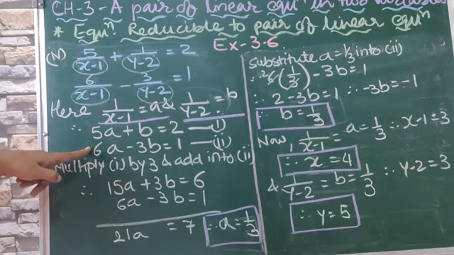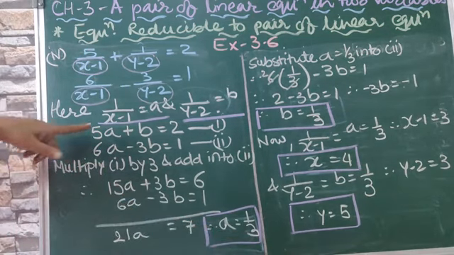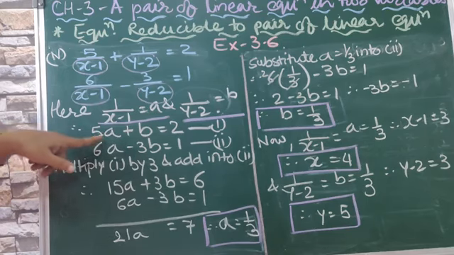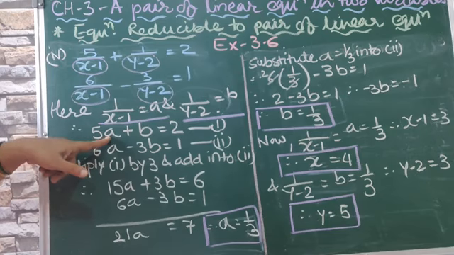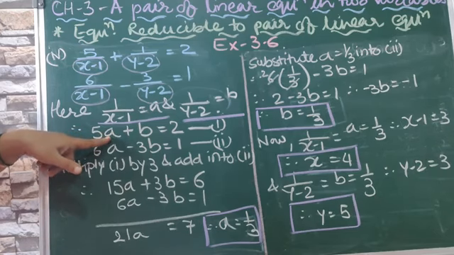Do you know why? Because the value is 1 by 3. If I selected the first equation for the substitution and put a is equal to 1 by 3, as 5 and 3 do not cancel out each other, it will remain as it is, and we would have to do a simplification again and take an LCM.